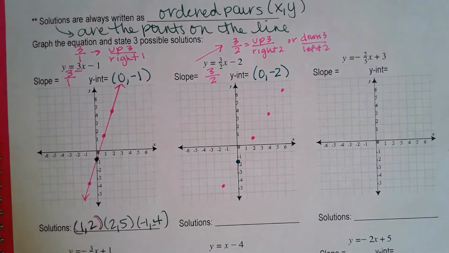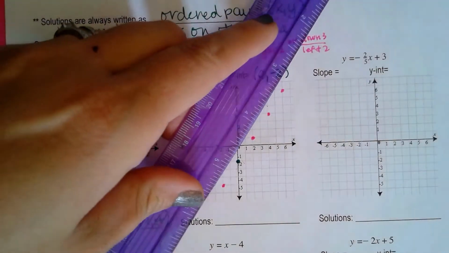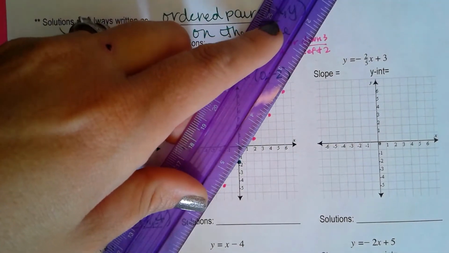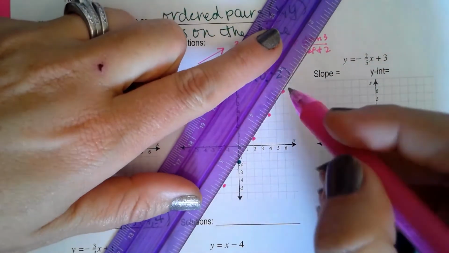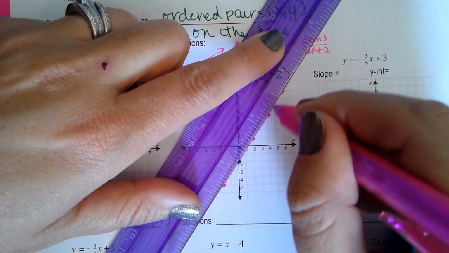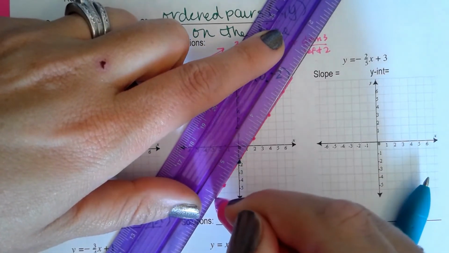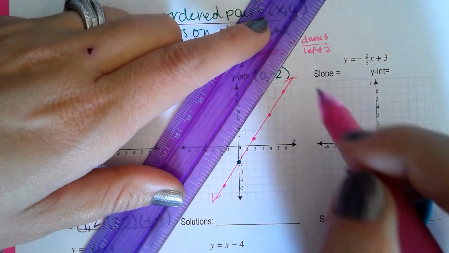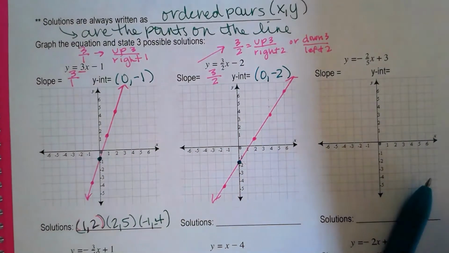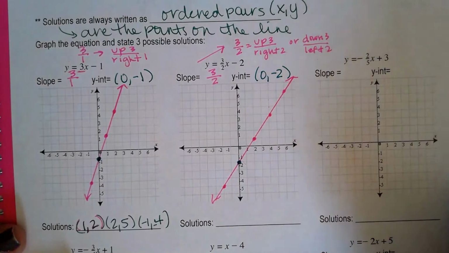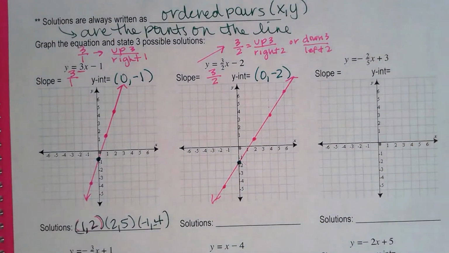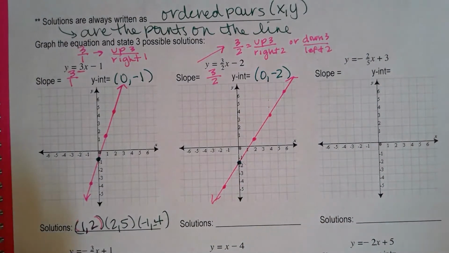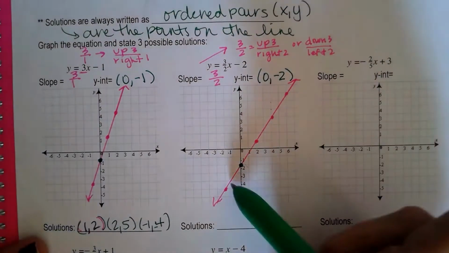And if I check it, if we said it was increasing, is this increasing from left to right? And it looks like it is. So I'm going to connect them and notice how they're all on the line together. If one of those dots had not been on that line, it would have told me that I had made a mistake on my slope somewhere. And then I can pull ordered pairs off of my line.